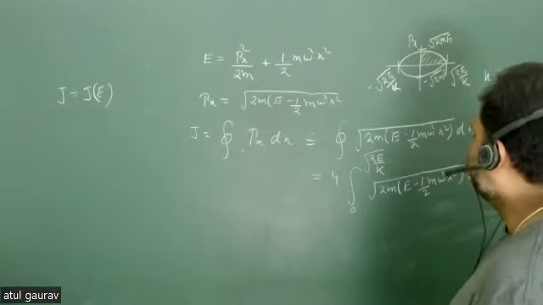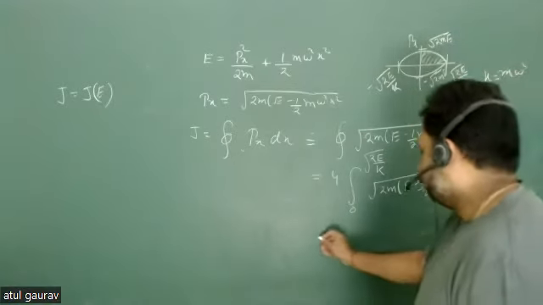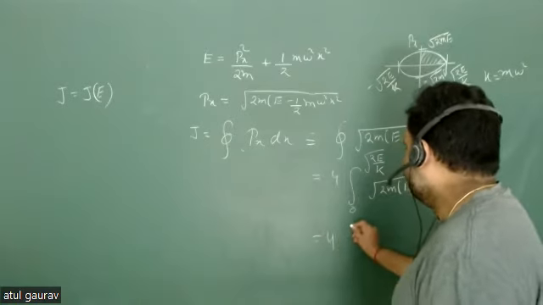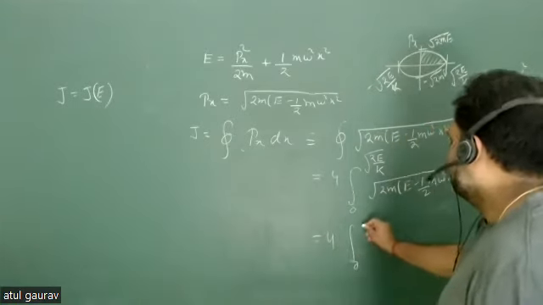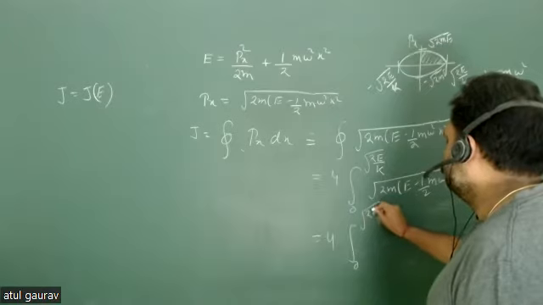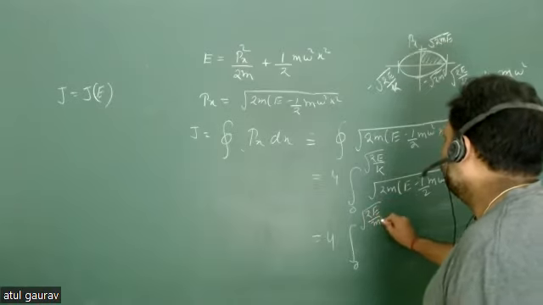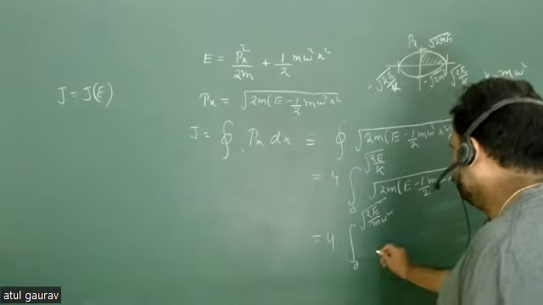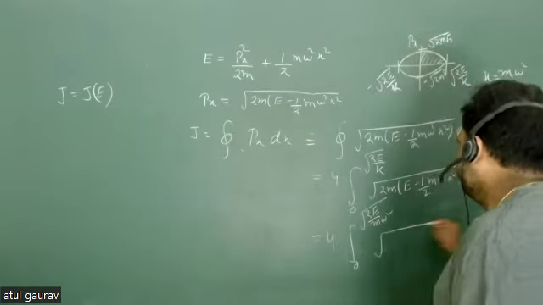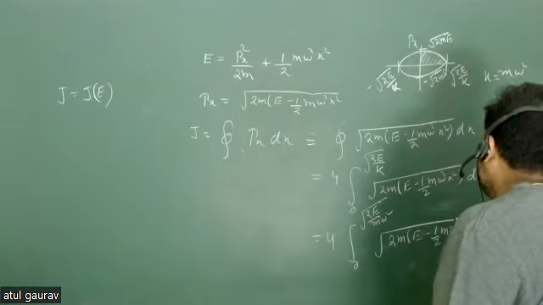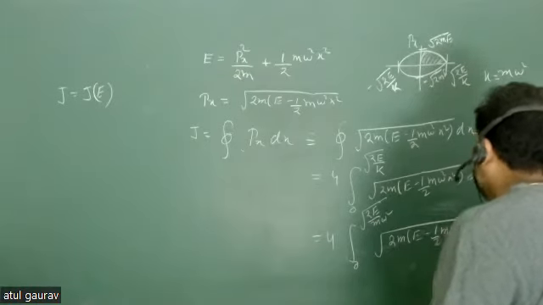We are putting k is equal to m omega square because we have taken the parameter as omega. So this will be root under 2E upon m omega square, and here we have root under 2m E minus half m omega square x square dx.